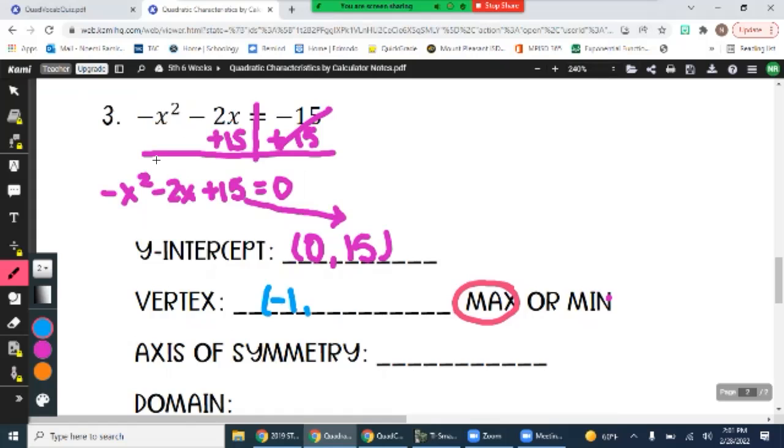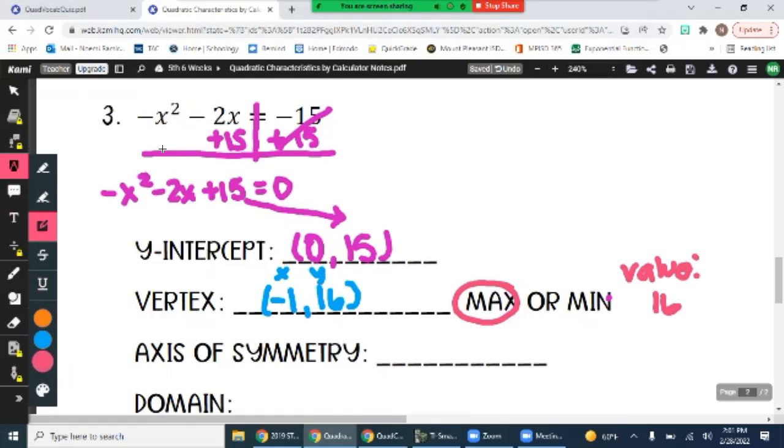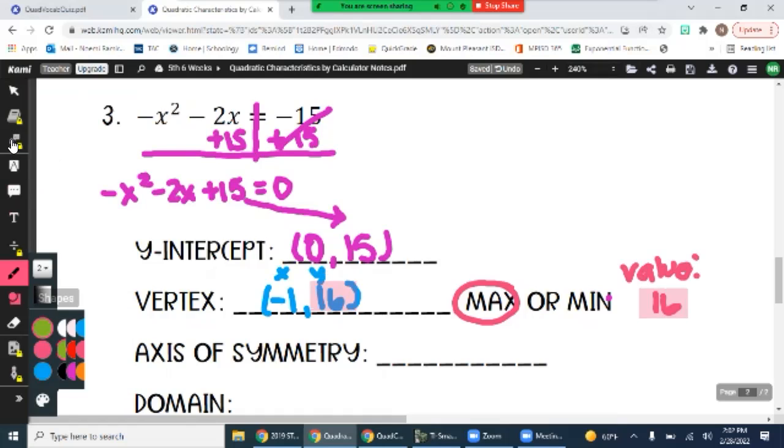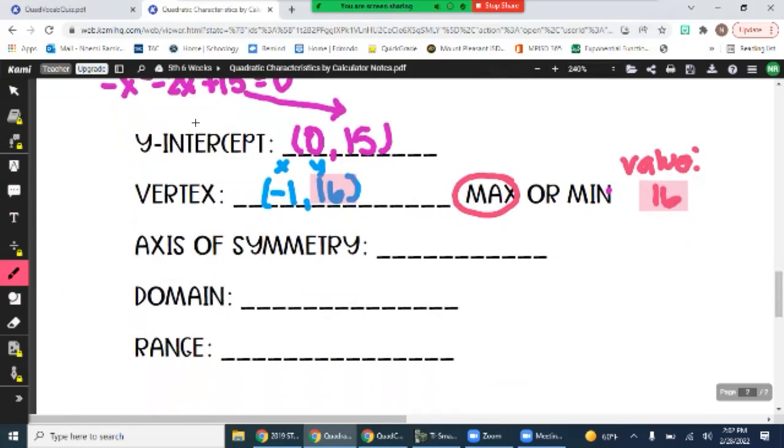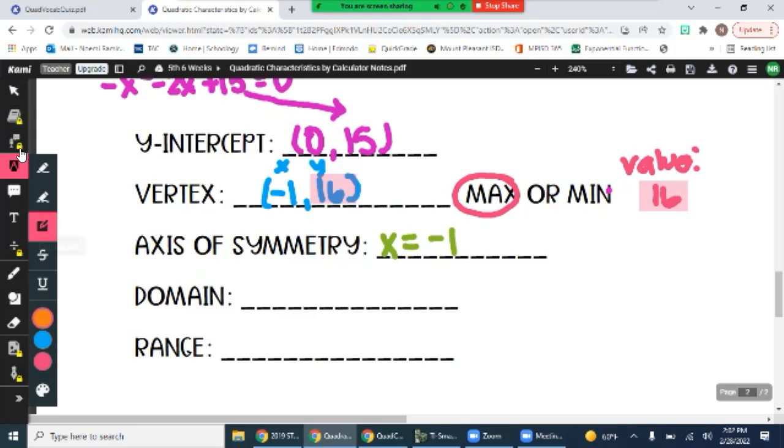Yes, you answered that correctly. -1, 16, X and Y. My maximum value is 16. Color code that. Your axis of symmetry always starts with x equals, and x equals what? -1.